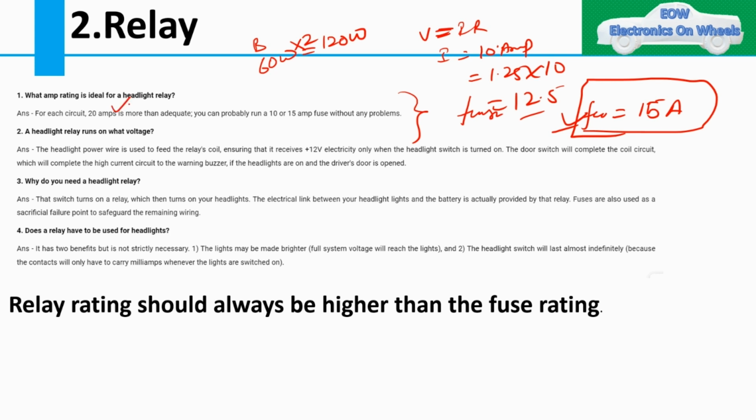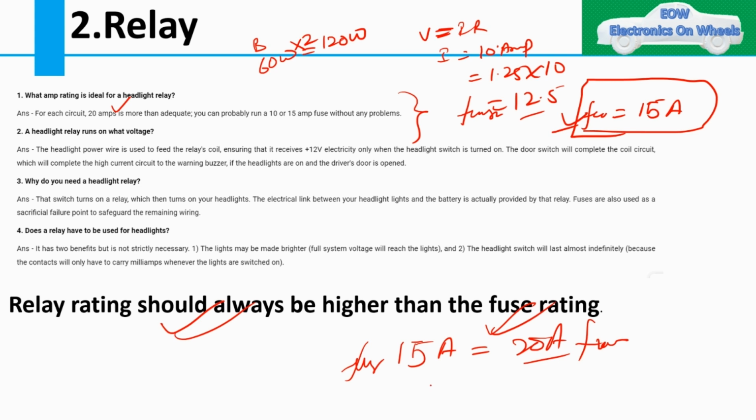So 20 amps is more than adequate. How are we selecting this? Always remember that the relay rating should always be higher than the fuse rating. And how much higher? If I am getting a 15 amp fuse, then I can go with a 20 amp relay.